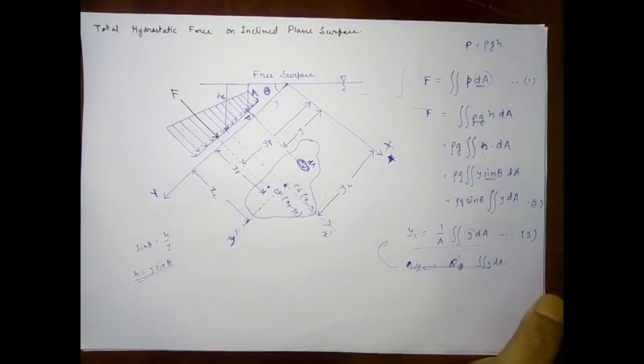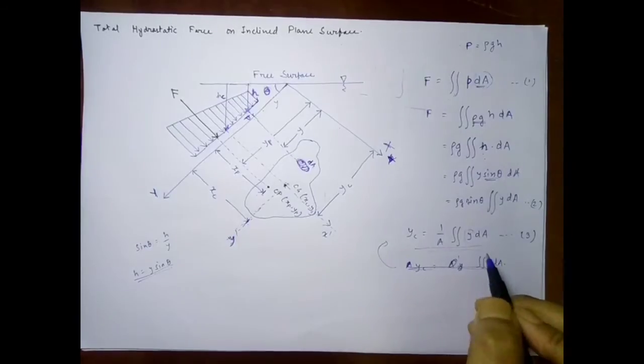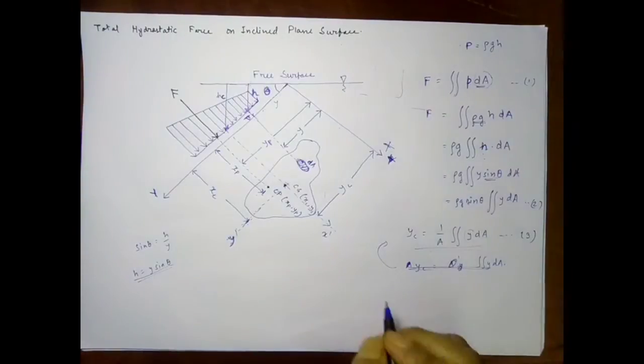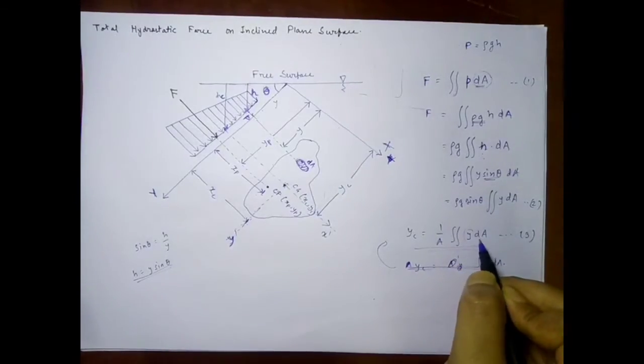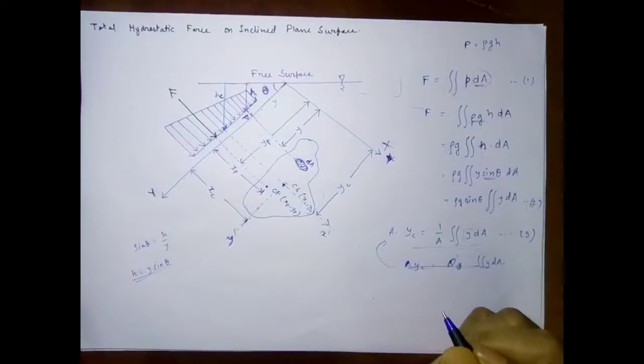Okay, so moving on to the next thing, we have this one as equation 3. So from equation 2 and 3 we get that this double integral of y dA is basically equal to A times yc.